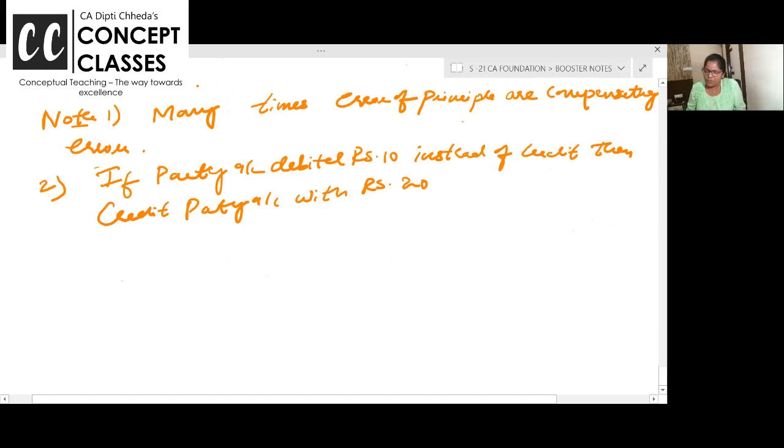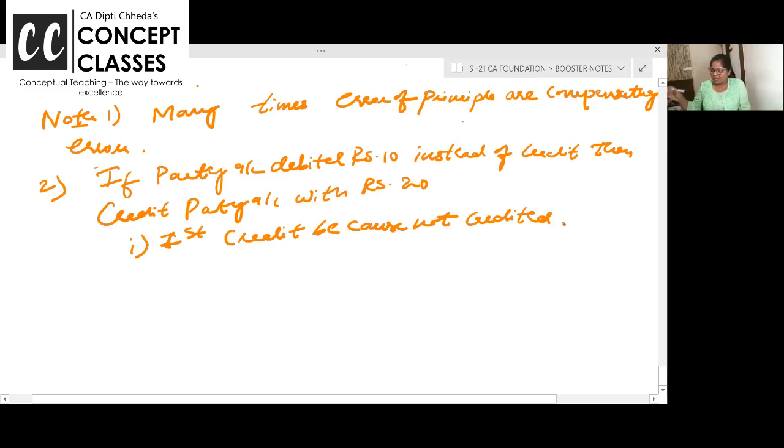Why are you crediting with rupees 20? First credit, because not credited. Write it down. First credit, because you have not credited, now you credit.